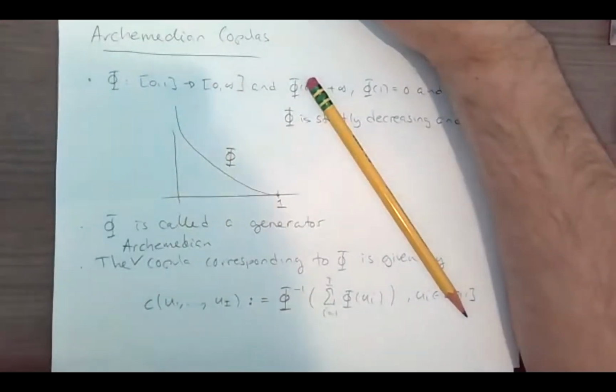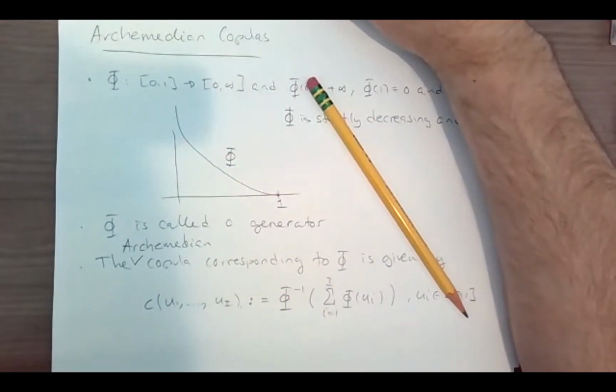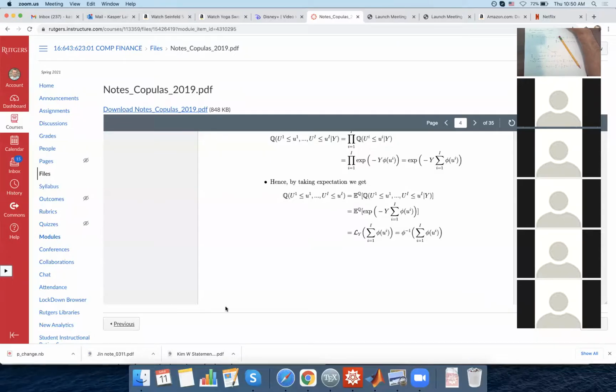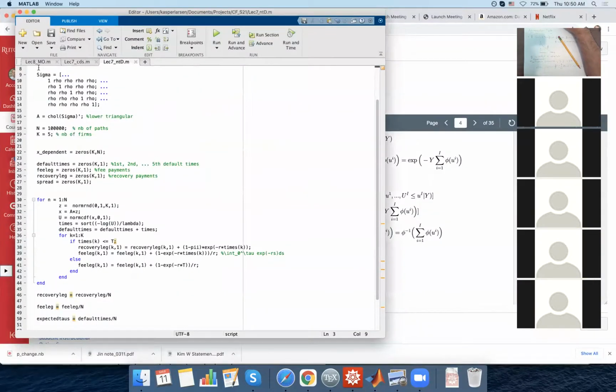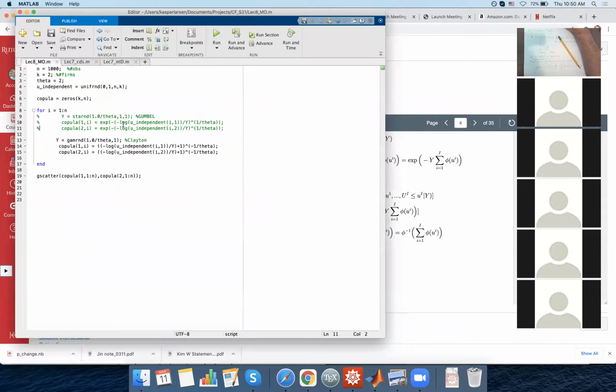And let me just show you, we're running out of time, so I don't have that much time to show you all the details, but I can at least show you that it's not that complicated. I wrote a little piece of code here yesterday, and you can see how involved it is. It is really not involved at all.